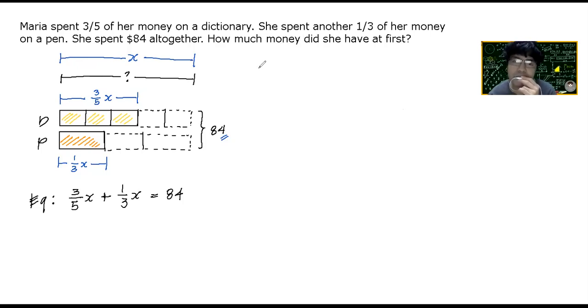In order to solve this, do not forget that our goal is to solve for the value of x. We may represent x as the numerator, since x has a denominator of 1, meaning it is whole.